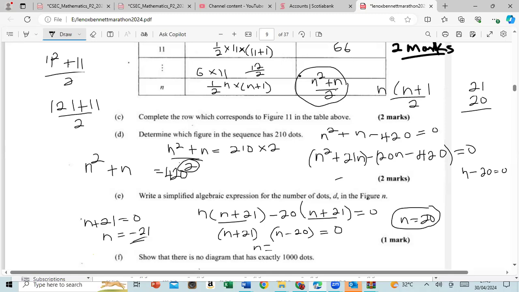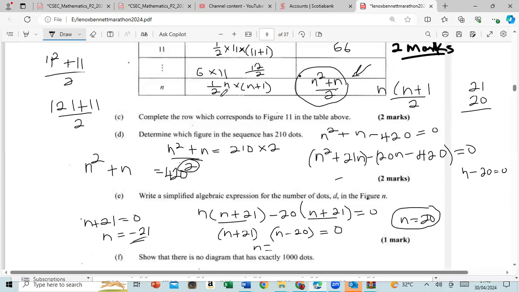So that's a half times 210 times open bracket 210 plus 1. And I solved for it and I got 21. But I think they want the 210 over here, so I could have a 66.